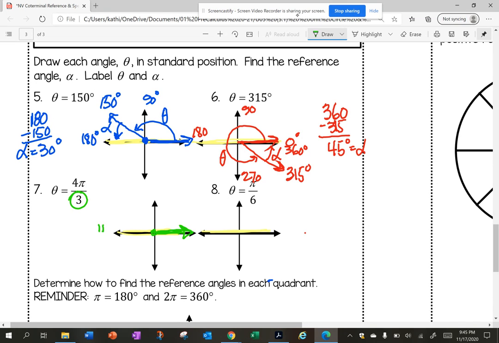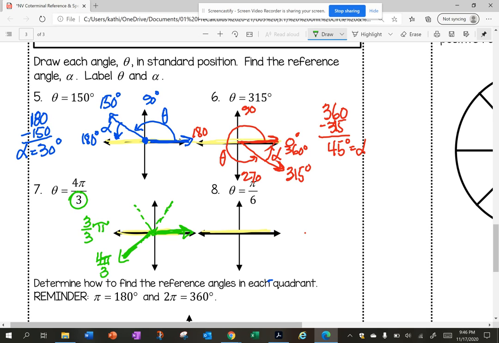I know halfway around is pi. I'm going to rewrite that as 1 based on the denominator. So I want to plot my angle at 4/3 pi. I know this is 3/3 to get all the way around. So here's 1/3, 2/3, 3/3. So I know 4/3 is right here. 4/3 pi radians.